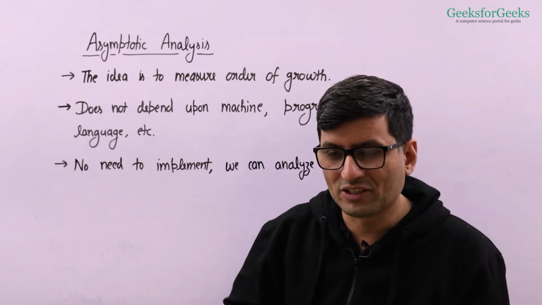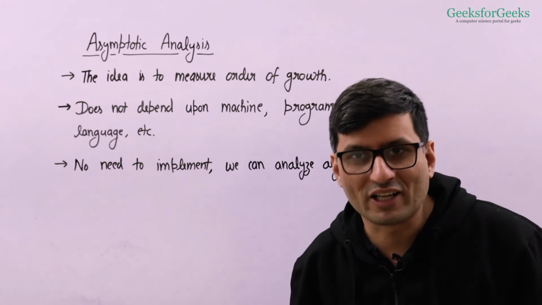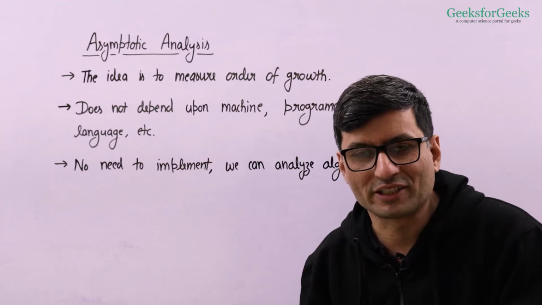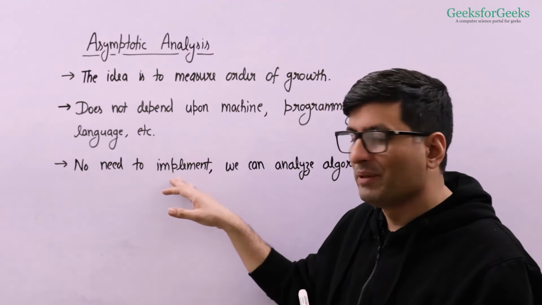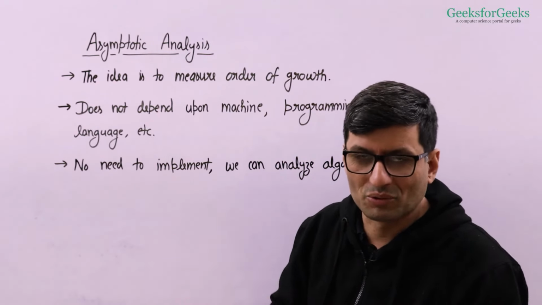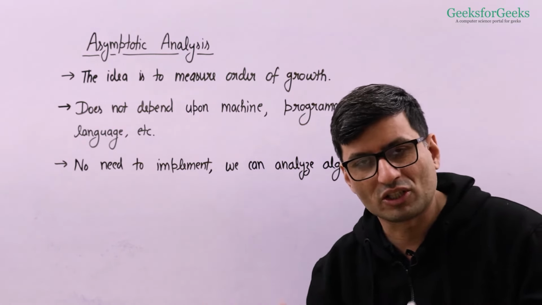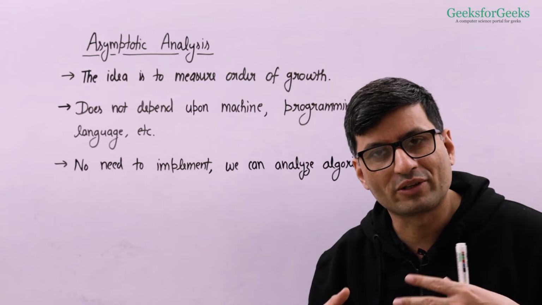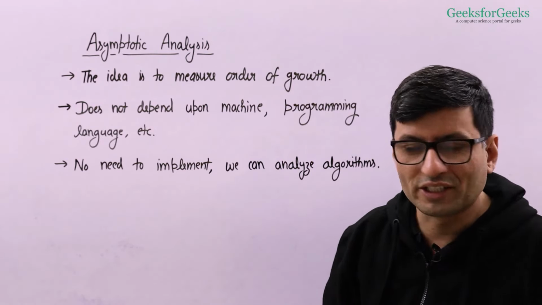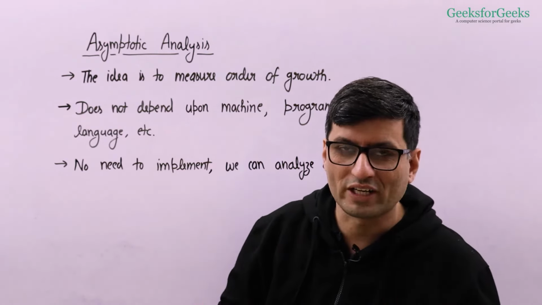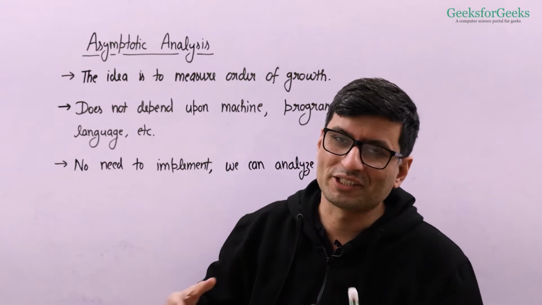You have an idea, you write the steps, then you can analyze it. Is it worth implementing it? You don't have to implement like we implemented 3 different approaches. We could just write the idea or the algorithms for 3 different approaches, and we could analyze them using asymptotic analysis. We do not have to implement and then measure the time.